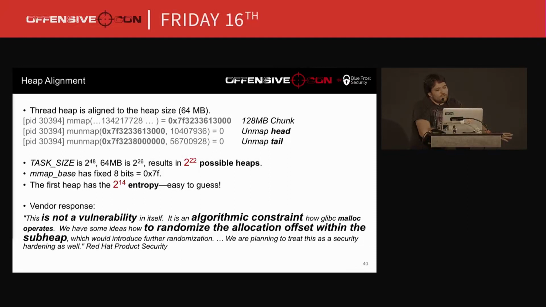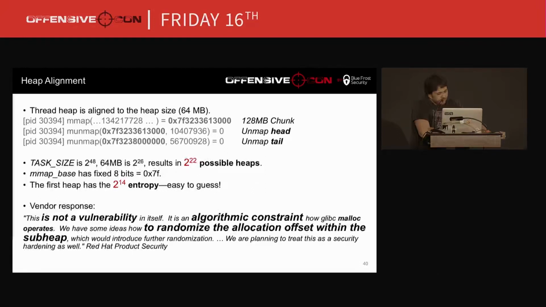So you may see that the count of possible heaps is 2 to the power of 22. And if you, for example, try to do it from the application beginning, just call pthread_create, and inside the thread you call malloc, you will see that there is only 2 to the power of 14 entropy here, and it's very easy to guess. It's a really small value.